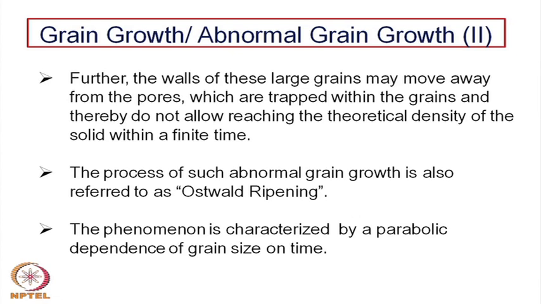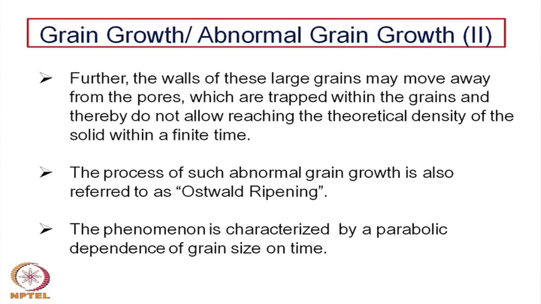Normally the pores are supposed to be at the grain boundaries, where pore elimination, or pore removal, becomes easier. If the pores are at the grain boundaries, then pore removal is possible, and one can reach theoretical density within some finite time.